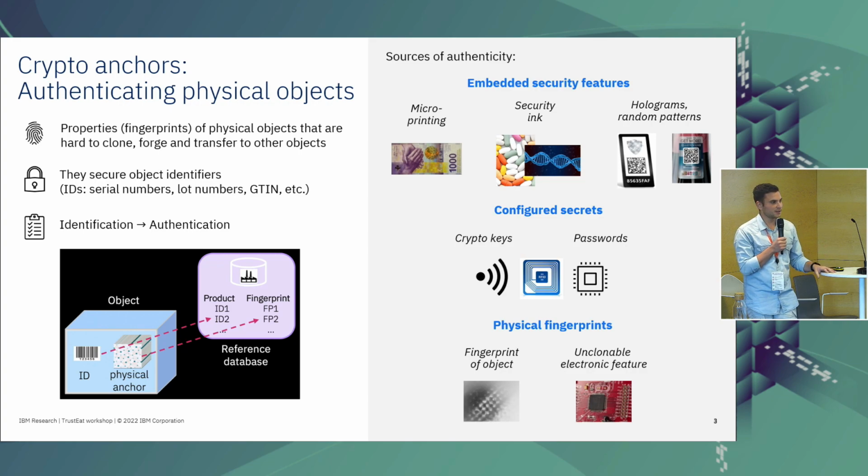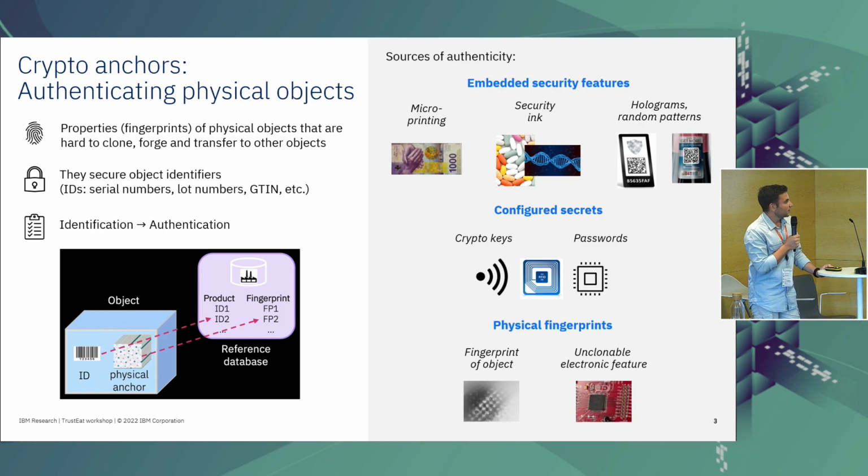These are the so-called embedded security features. You can think of the microprinting that we have, for example, on money, but also security inks or holograms or random patterns that we can generate during the production.